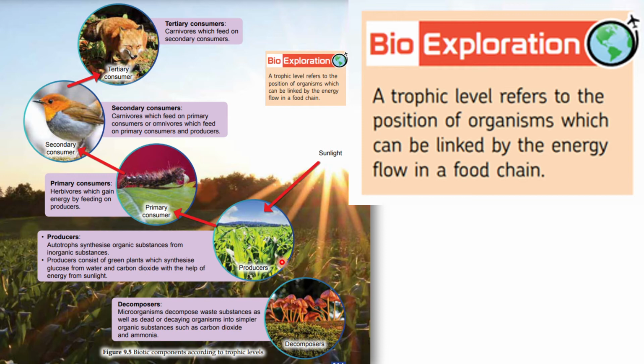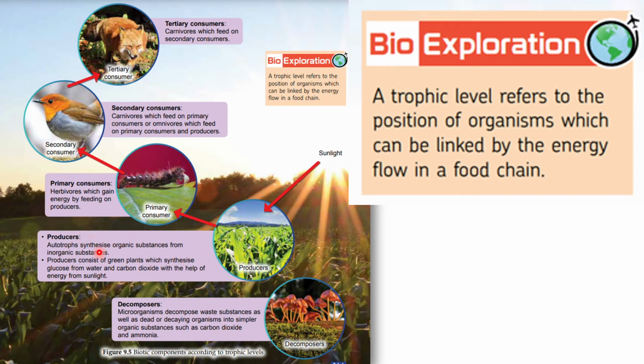Usually when we give examples of a food chain, we begin with the producers, right? If we trace back, sunlight is actually the main source of energy for all living things. Okay, why? Because producers are the autotrophs.